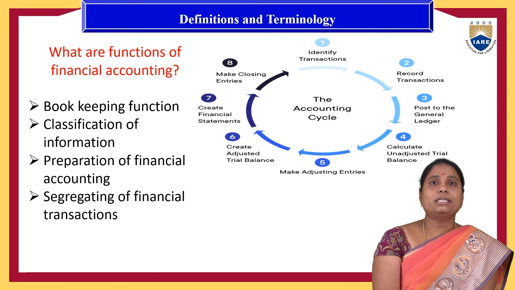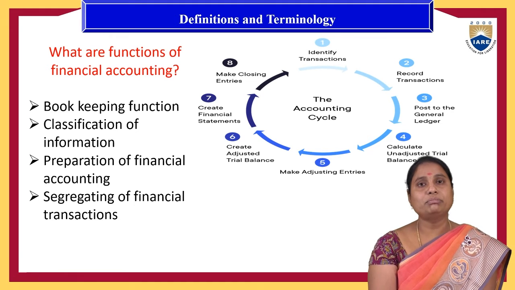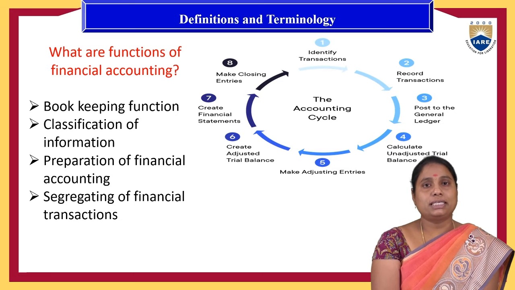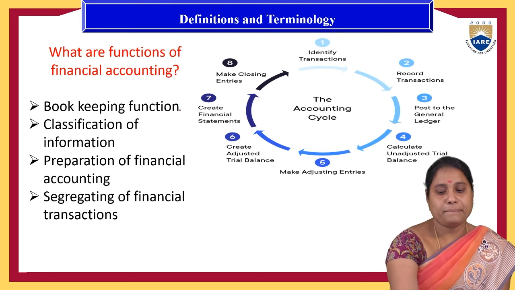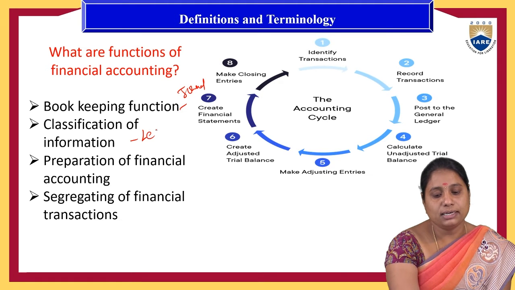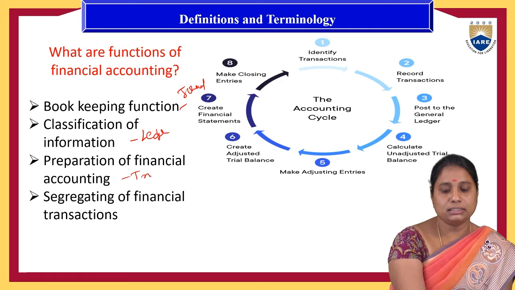The functions of financial accounting are carried out through some steps. Those steps are the bookkeeping function, that is the journal. Then classification under the ledger. Preparation of the financial accounts, that is the trial balance.